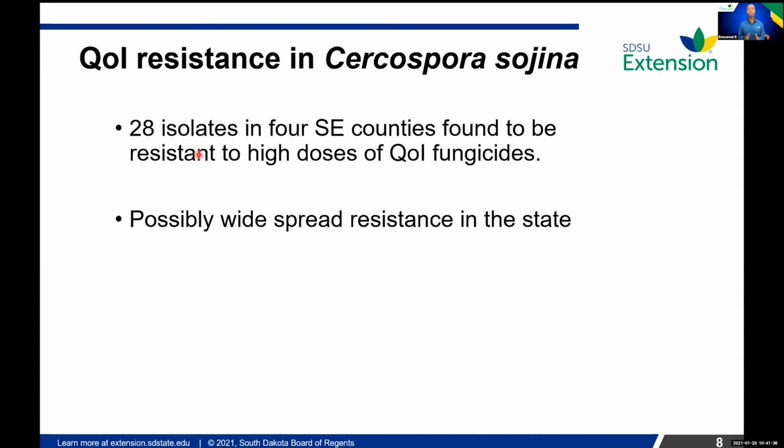So for the 4 counties in Southeast South Dakota, but in other places where Frogeye is occurring and where fungicides are used, it's possible that we could be seeing Frogeye leaf spot resistance in these other counties. So something that we need to be aware of, especially knowing that if we're applying this fungicide, whether it's really necessary or if it could lead us into more problems in the future.